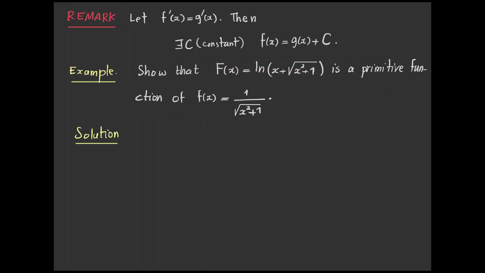But I mean, this has nothing to do with your skills in primitive functions. It is a practice in an indirect way in differentiation. So we start differentiating the function. Do you remember what is the correct rule of differentiation here? So I need to investigate if capital F prime is equal to f of x.